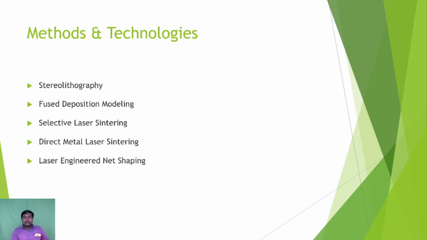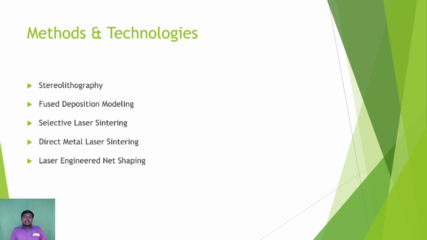Different technologies are available to manufacture in 3D printing. First method is stereolithography apparatus. Second method is fused deposition modeling. Third one is selective laser sintering. Fourth one is direct metal laser sintering. And final one is laser engineered net shaping.